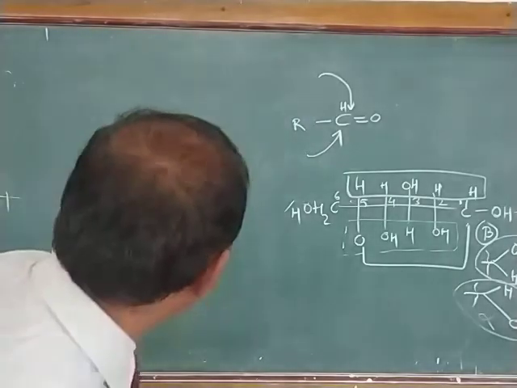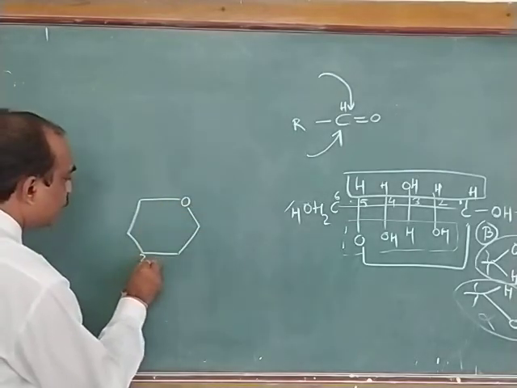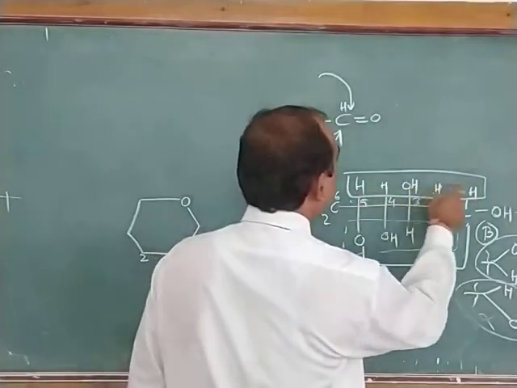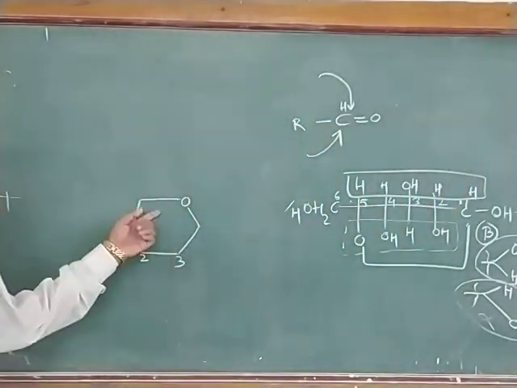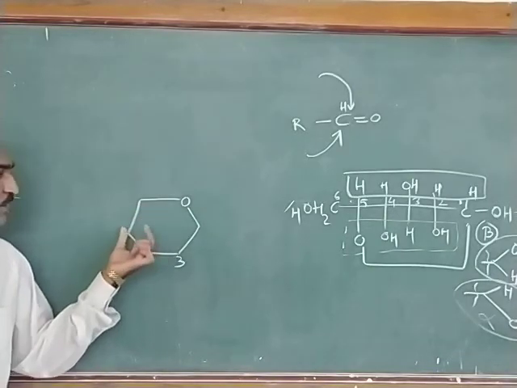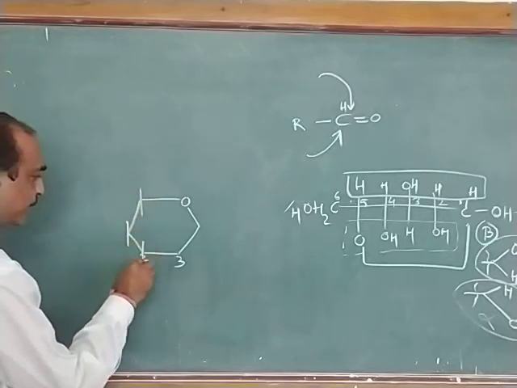Sorry, carbon number 2 is on this side because this is the oxygen side. Whatever the substituent on the upper side, just write on the up. Whatever the substituent on the lower side, just write on the lower side.